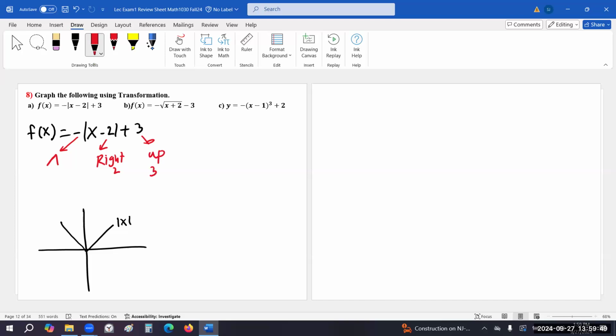Outside means up, down. Inside means left, right. So the same V, we are making it upside down, and we are moving 1 right, 2 right, 1 up, 2 up, 3 up here. And we are drawing the new upside down parabola. Not parabola, V. Negative x minus 2 plus 3.